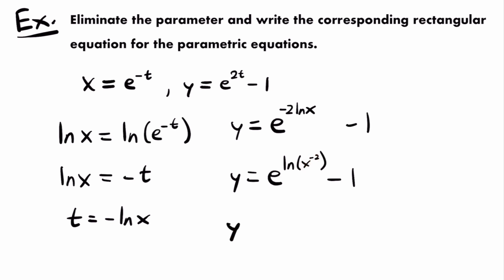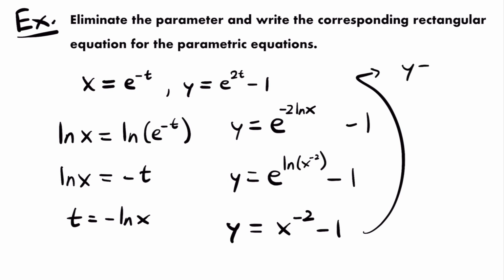All right, so we will have y is equal to x to the power of negative 2 minus 1, and we can move x to the power of negative 2 to the denominator of that term to make that exponent positive. And what we will have is that y is equal to 1 divided by x squared minus 1. And this right here is the rectangular equation that represents these parametric equations. We have now officially eliminated the parameter t.